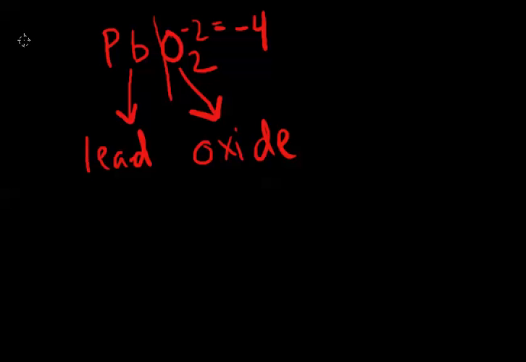Now, we have one lead, so what times 1 will give us a +4 to cancel out our negative charge? Because remember, the total charge has to add up to 0. And it's got to be +4, because 4 minus 4 is 0. So this lead has to have a charge of +4. And if you look on your ion sheet, Pb +4 is lead, Roman numeral 4, oxide. So that's how you do it. You use the negative ion to figure that out.